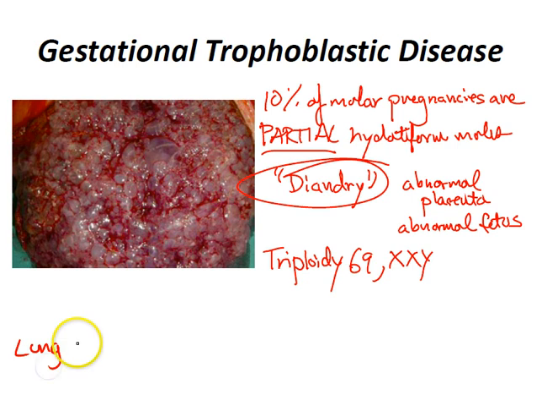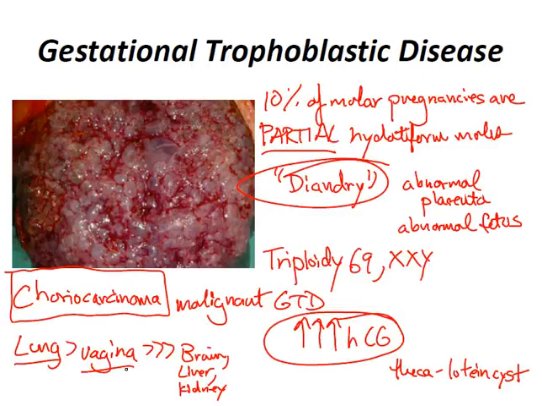The lung, and then the vagina. Those are the two I want you to remember. But it can also go to the brain, the liver, and the kidney. But the lung and the vagina are the two that I want you to remember with choriocarcinoma.